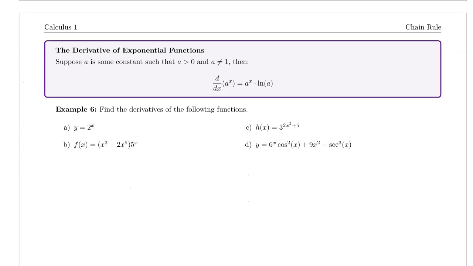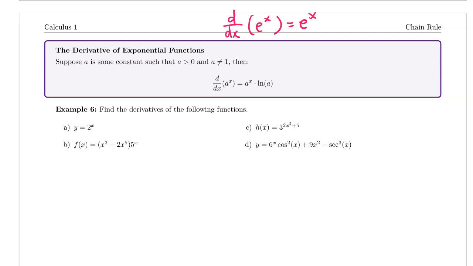Okay, let's start to talk about the derivative of exponential functions. Previously, we've learned that the derivative of the natural exponential function is itself. And if we wanted to take the derivative of any exponential function, suppose a is some constant that is positive and not equal to 1, then the derivative of a to the power of x is equal to a to the power of x times the natural log of a.